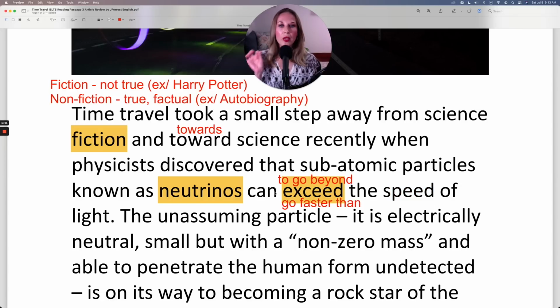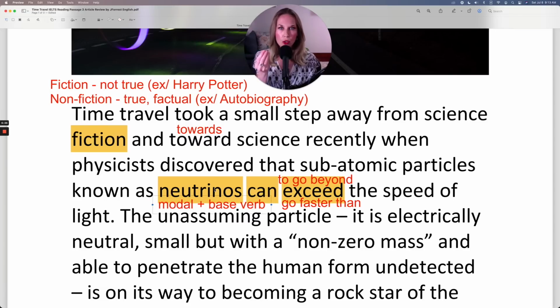And notice here we have can, which is a modal verb, and then we have exceed, which is the base verb. So grammatically, you always have modal plus base verb, not the infinitive can to exceed. No, just can exceed. So modal plus base verb, can exceed the speed of light.